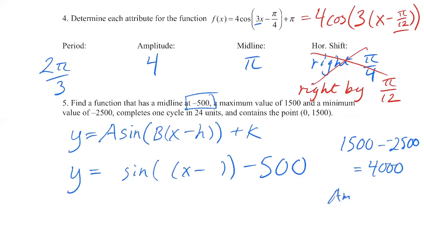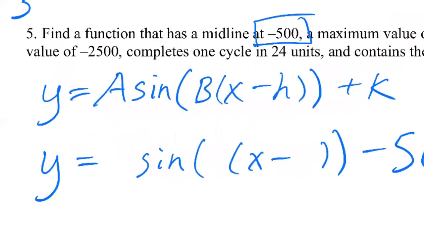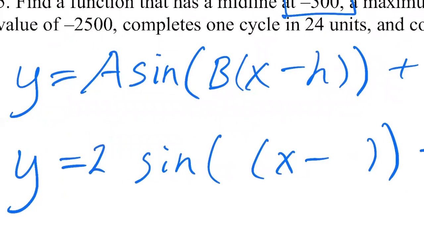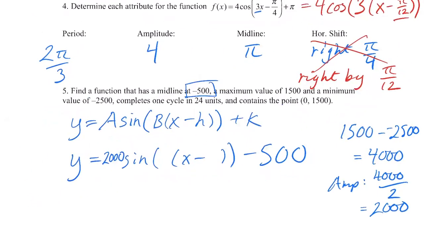And note that the amplitude would be 4000 divided by 2, which equals 2000. So amplitude of 2000.